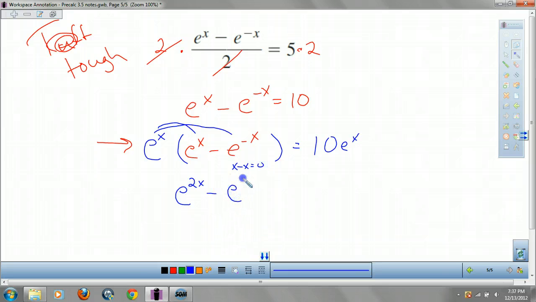So I get e to the 0. And that equals 10 e to the x. Again, times everything by e to the x, because you have an e to the negative x that you got to get rid of. Okay? What's anything to the 0 power? That's right, it's 1.